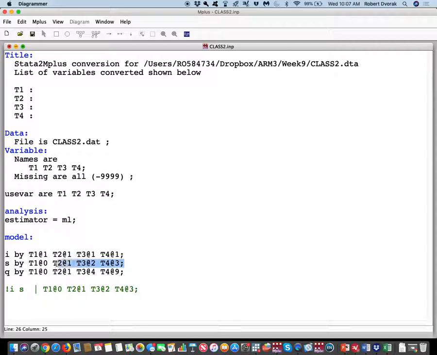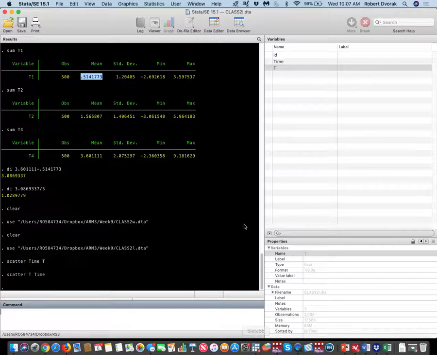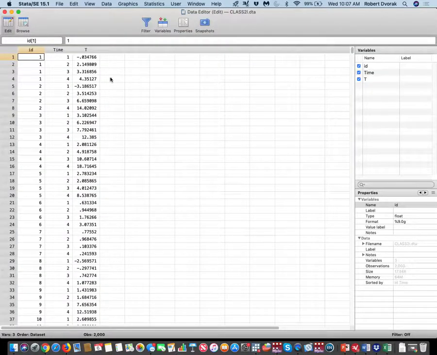We're assuming that time is actually a predictor, right? Like if you look in this data set, when I've restructured it, I restructured this as time, and time is now a variable with values of 1, 2, 3, 4, right?